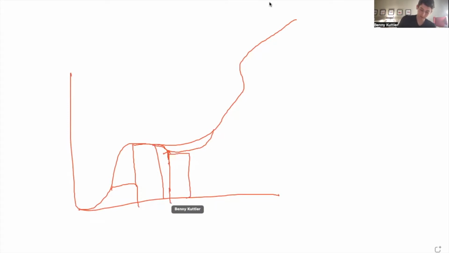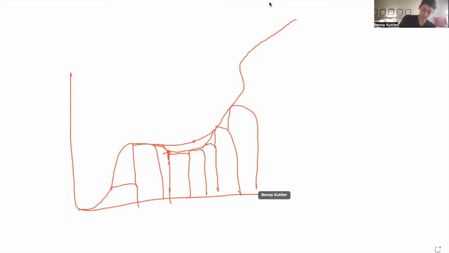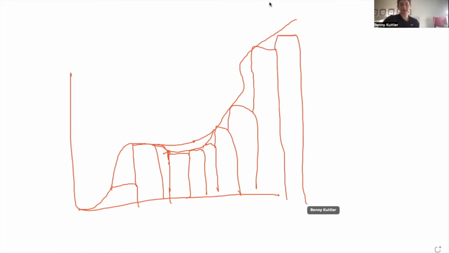Okay, this is a very bad graph, but we can see that we're getting an approximation. I'm very roughly sketching this. This is a pretty good approximation, but we still have all these weird little spaces over here, and it's not really that accurate, and it's also very tedious.